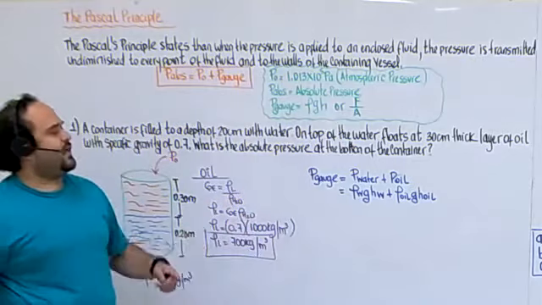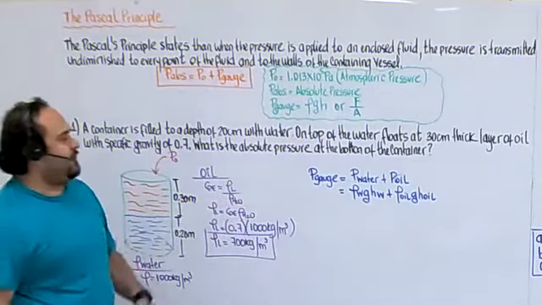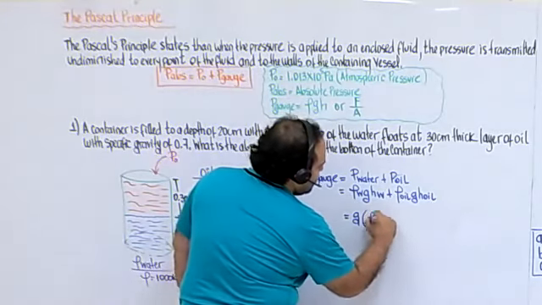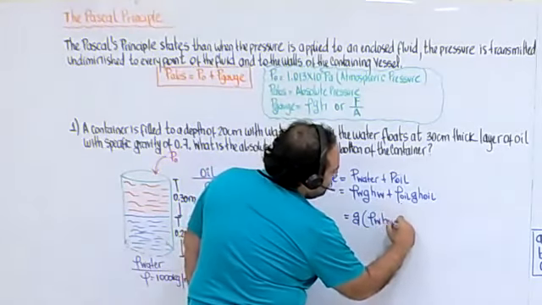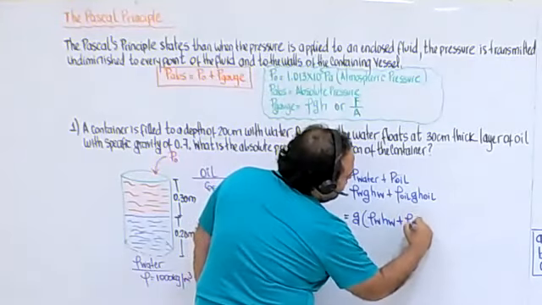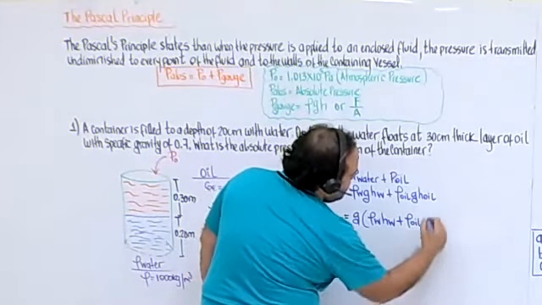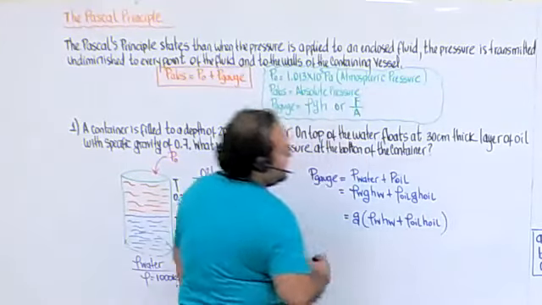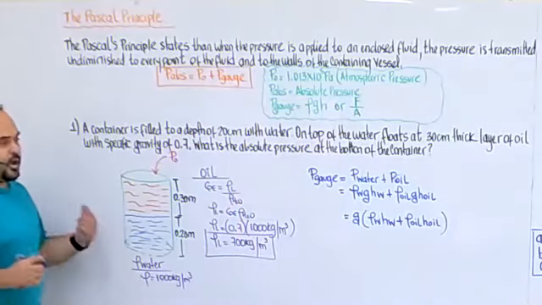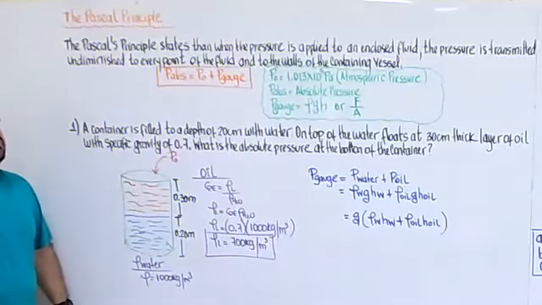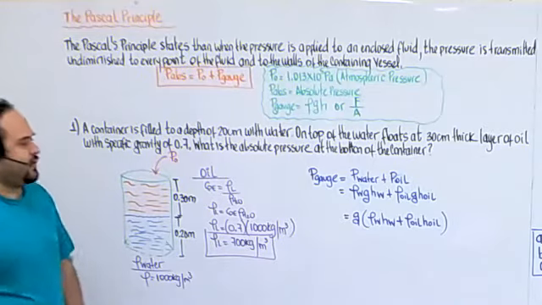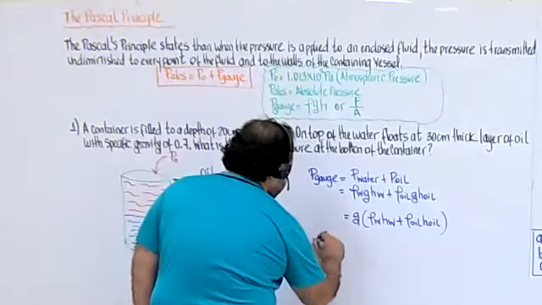As you can see, we can take a common factor, the gravity, and we get density of water times height of water, plus oil density times oil height. Understood until this far? Yes. Okay then, so let's calculate the P gauge.